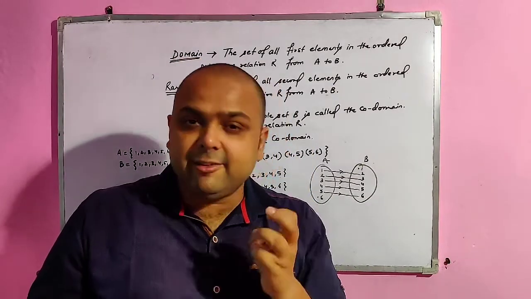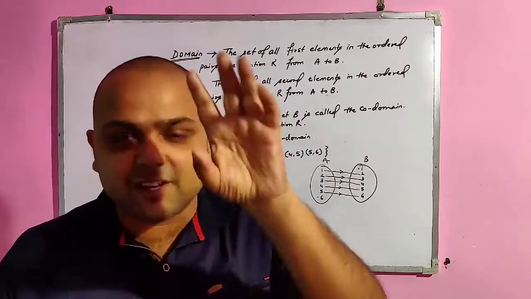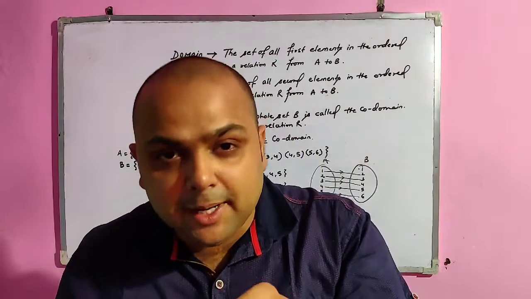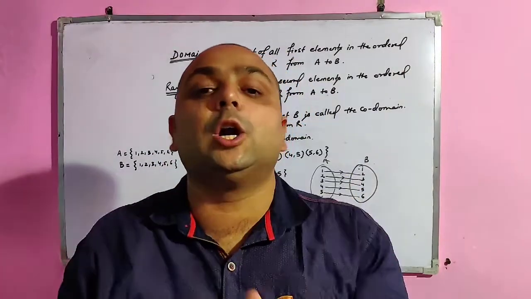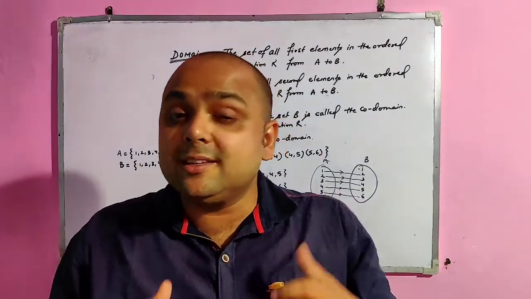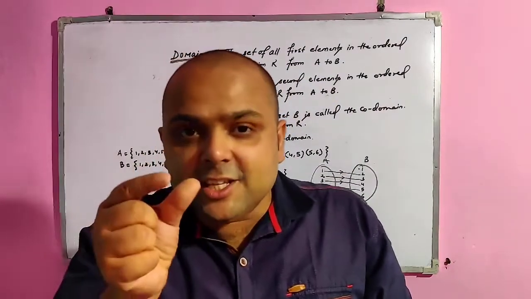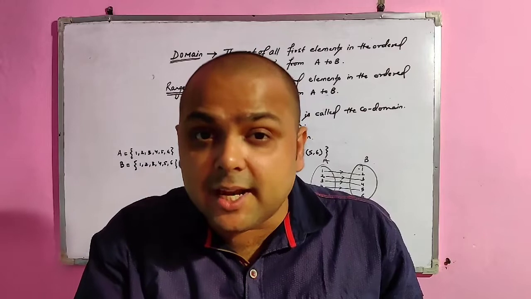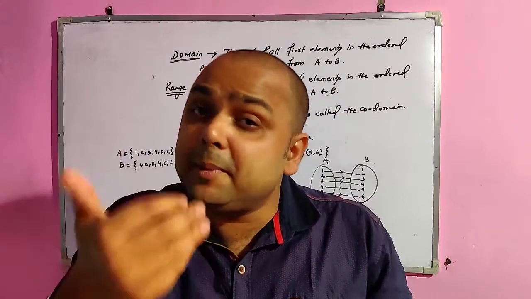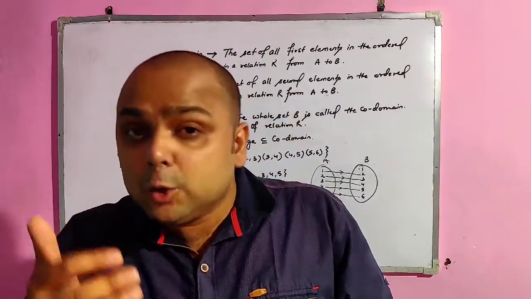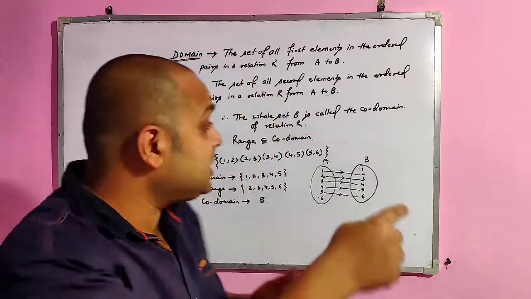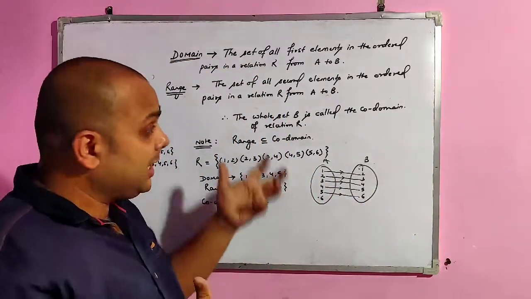So here we have three things: the domain, the first elements; the range, the second elements; and the complete set B, which is called the codomain. Note that the range must be a subset of the codomain, or it may be equal to it. We have to remember this to use in some questions.